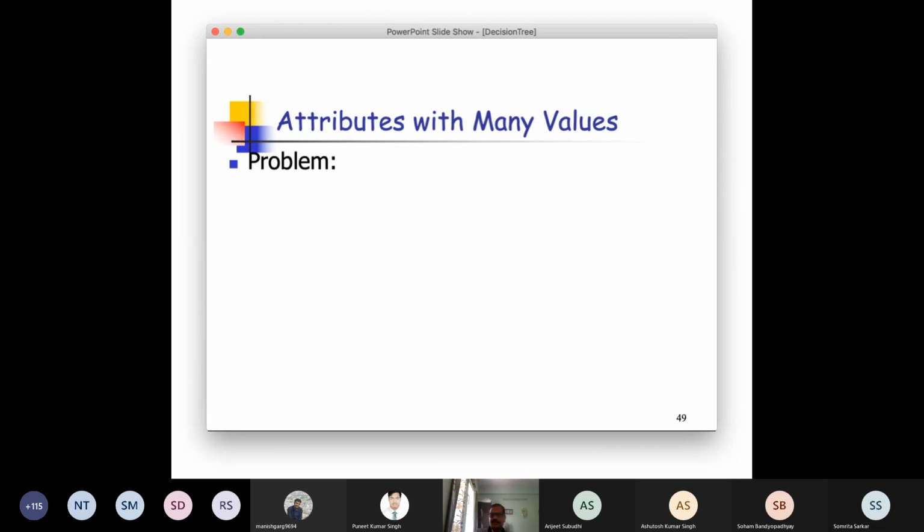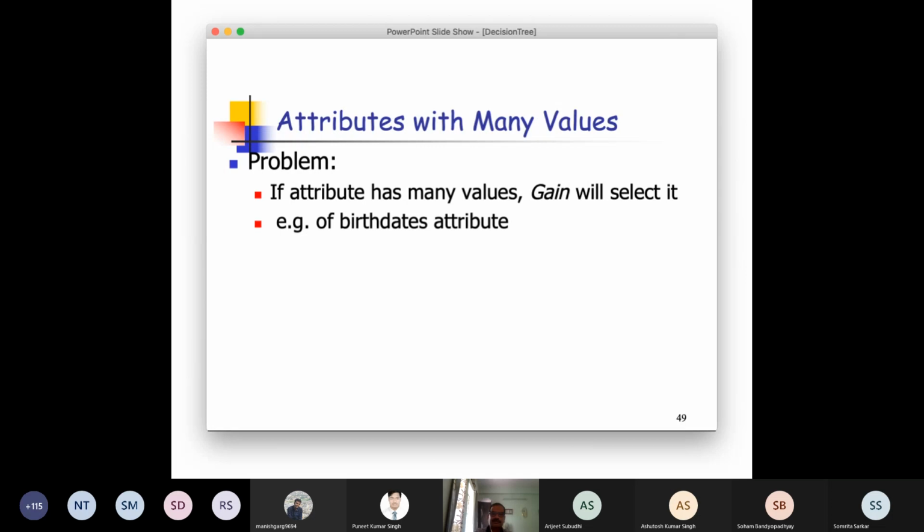Now, let us come to this particular scenario when you have attributes with many values. In that case, as I was mentioning, information gain will be selecting them, because when you are partitioning them, your partitions will usually be small, and then the corresponding entropy is likely to be smaller, and the average entropy would be smaller.